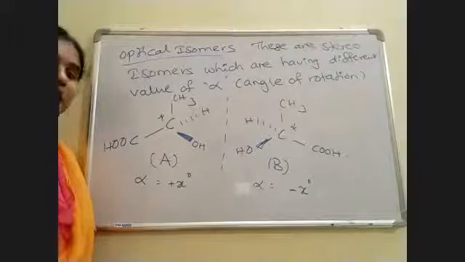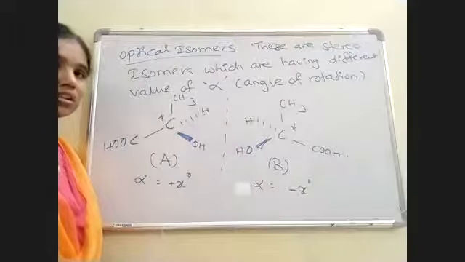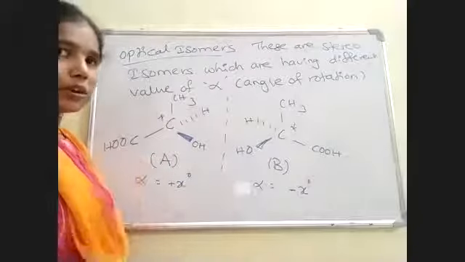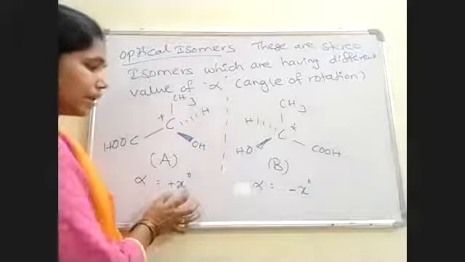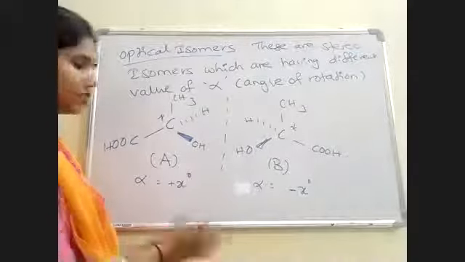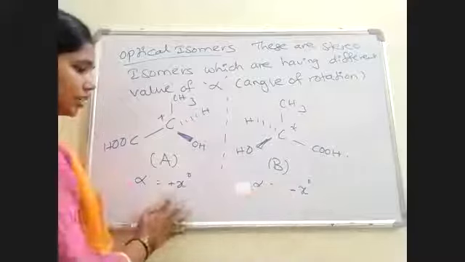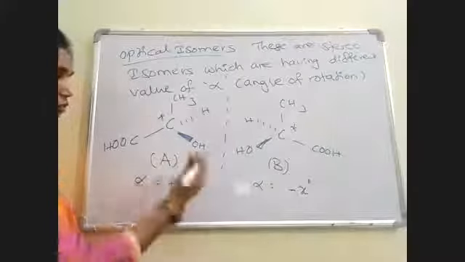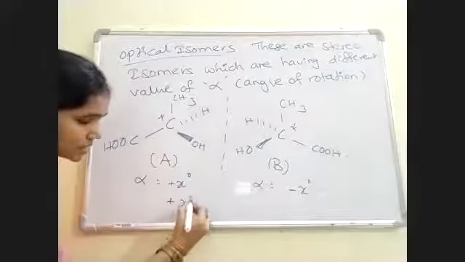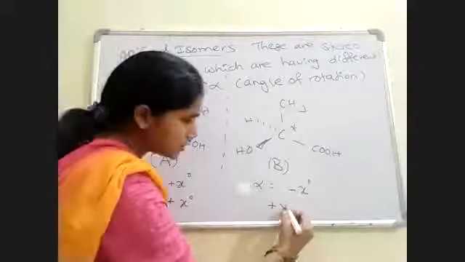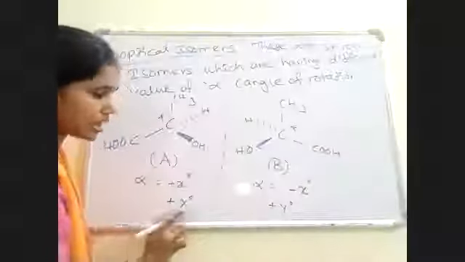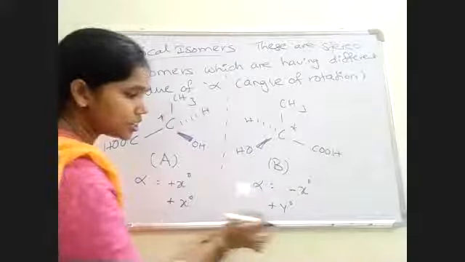Diastereomers are stereoisomers which are non-superimposable and not mirror images, and they may or may not have the same angle of rotation. If A and B are diastereomers, and A has plus x degrees, B may have plus y degrees. They may rotate the plane polarized light in the same direction, but the angle of rotation is different.